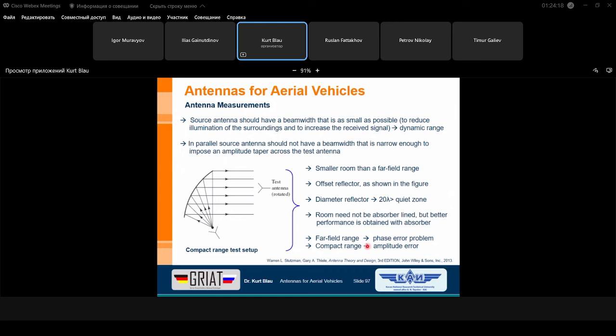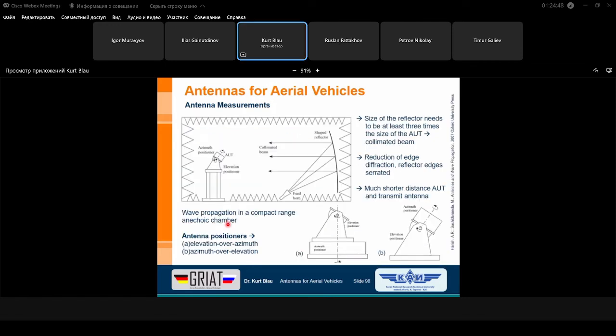We have amplitude errors, and this is not so easy to compensate. You can use an antenna with a very wide half power beam or a very large opening angle, but you cannot avoid a certain magnitude difference. This is physics.